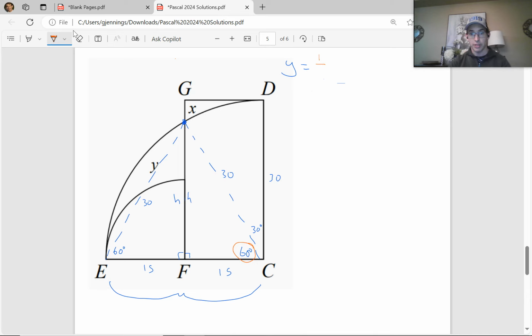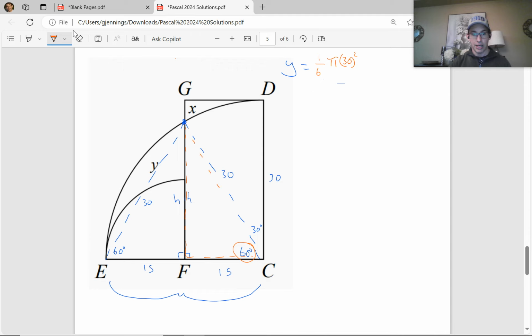So 1/6 of a circle, pi times 30 squared, is the area of that whole pizza slice. But then I have to remove this triangle because that's not part of y.